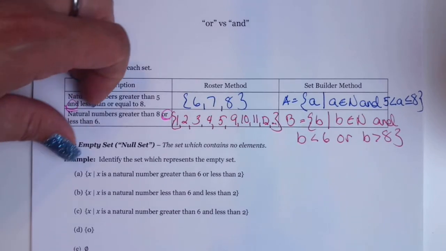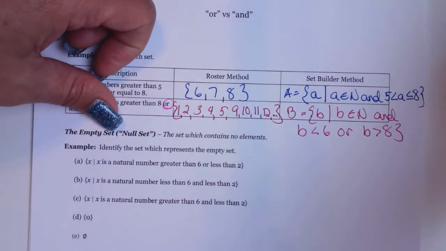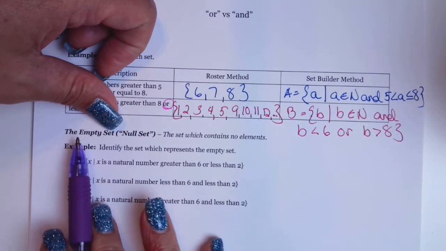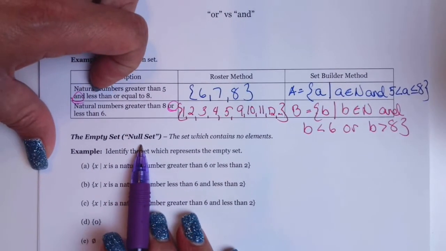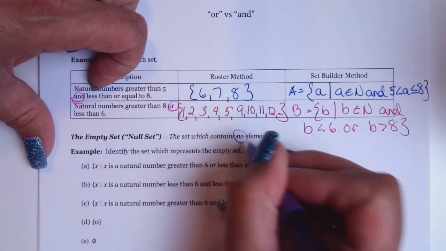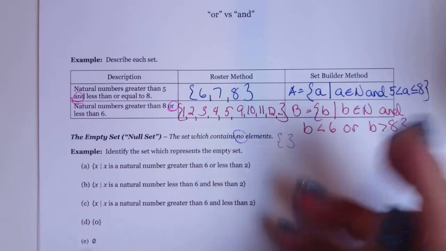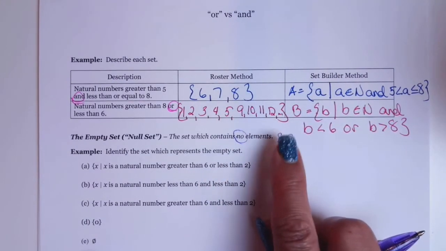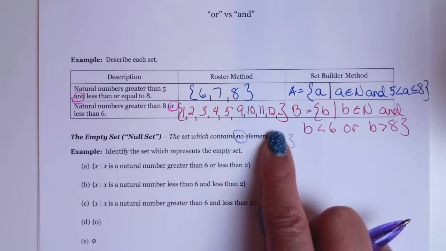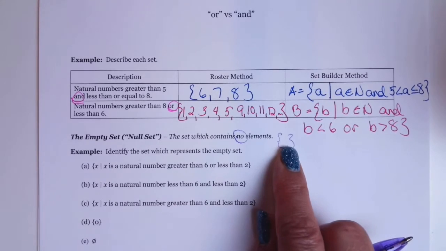Okay, next one. We're going to define the empty set, the null set. The empty set can be called a null set. It is the set which contains no elements. And there are two ways of writing it. We can write braces with nothing inside the braces. This is an empty set. If you write something inside the braces, for example a 0, it contains an element.